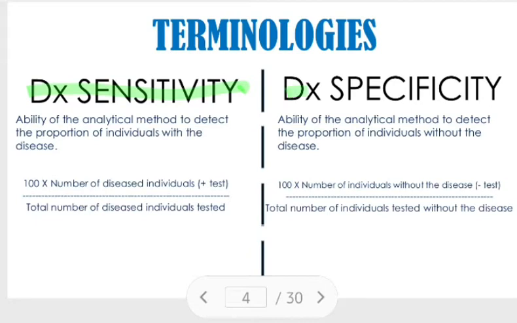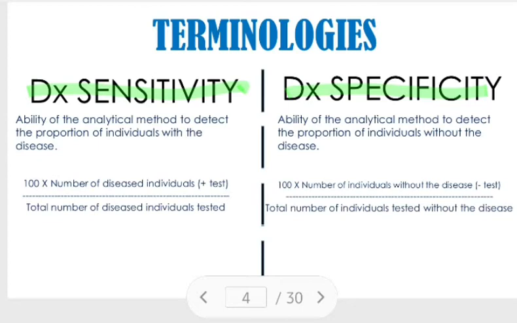Next, we have diagnostic specificity. It is the ability of the analytical method to detect the proportion of individuals without the disease. So the formula for computing diagnostic specificity is 100 multiplied by the number of individuals without the disease, or the individuals with a negative test result, over the total number of individuals tested without the disease.